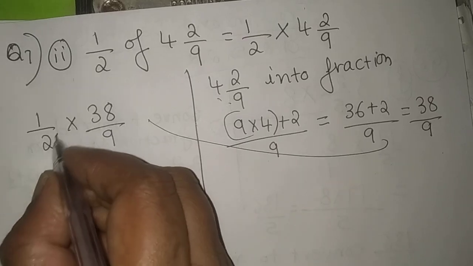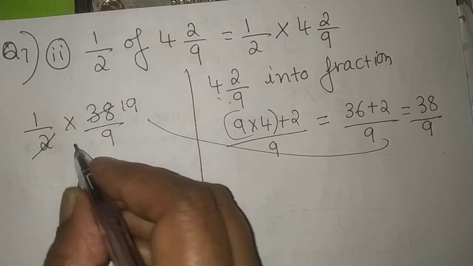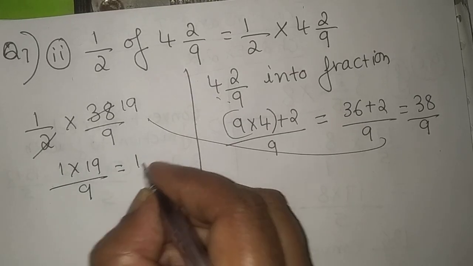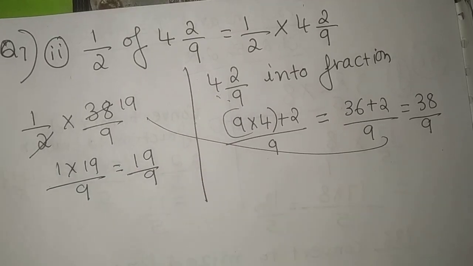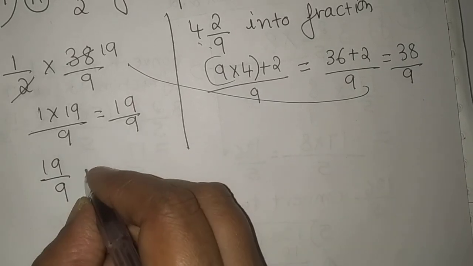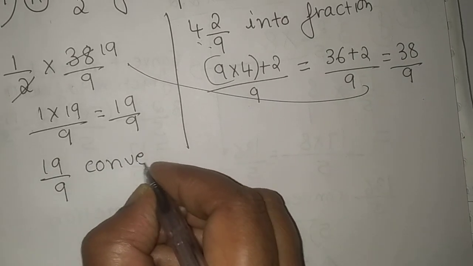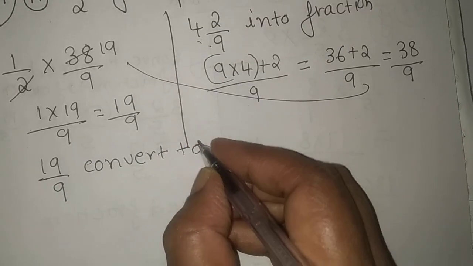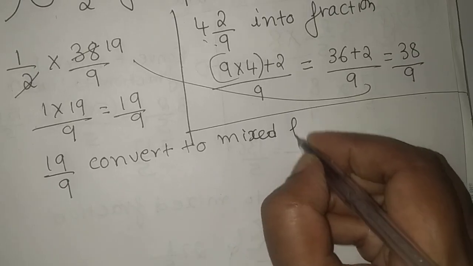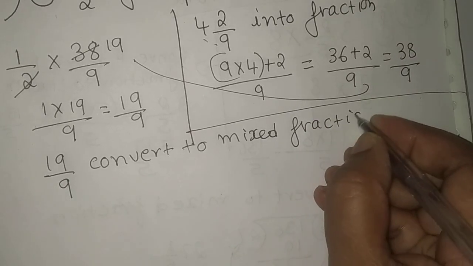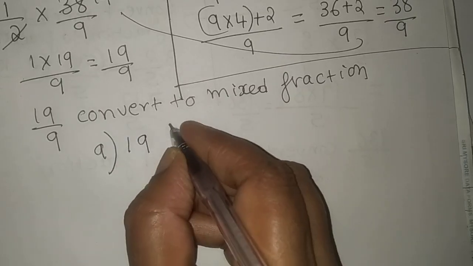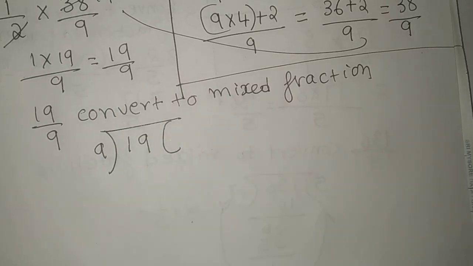Now see, we can also simplify. 2 ones are 2, 2 19s are 38, then 1 into 19 by 9, which is equal to 19 by 9. Now converting this improper fraction to a mixed fraction, that is 9 divided into 19.